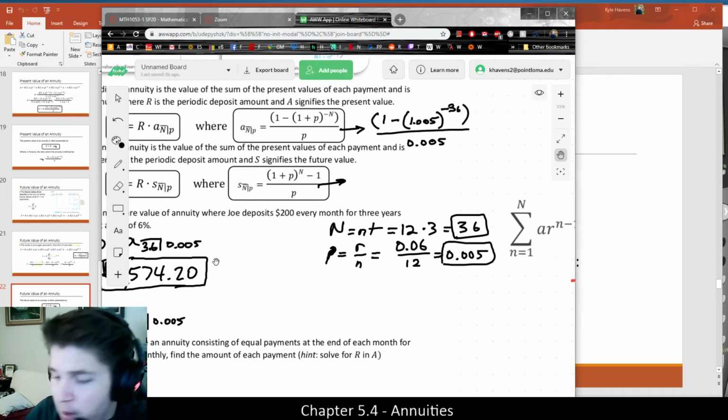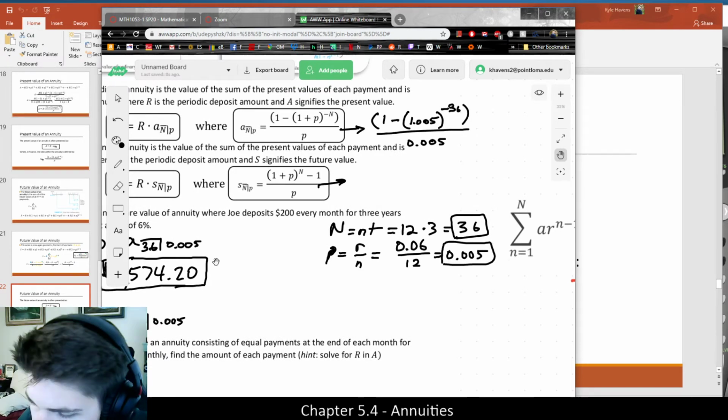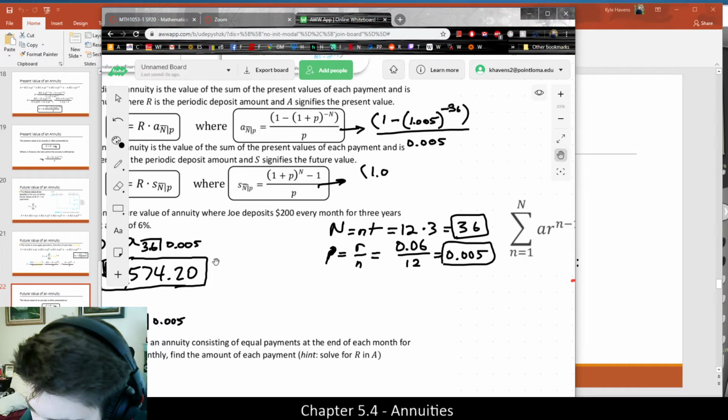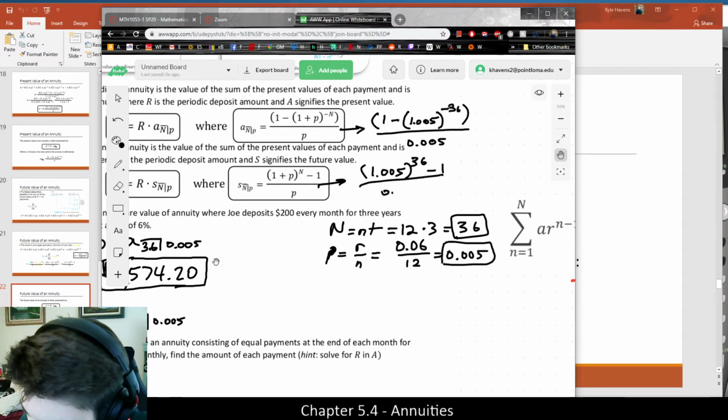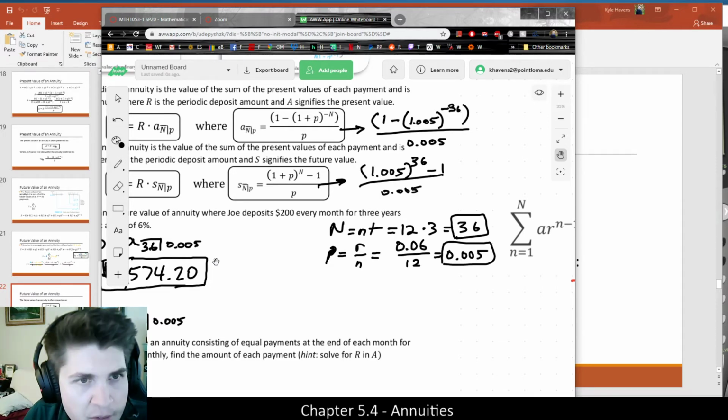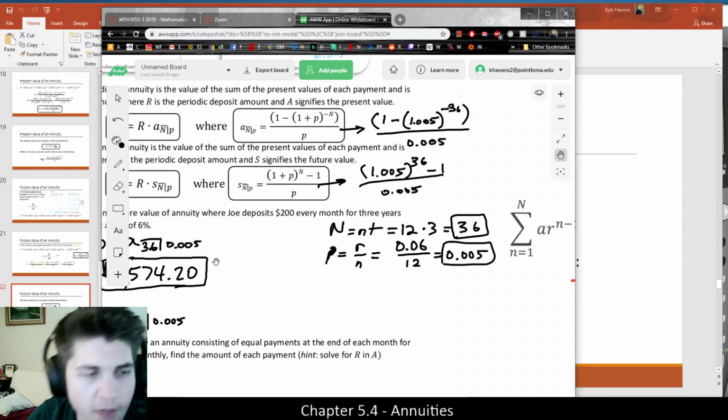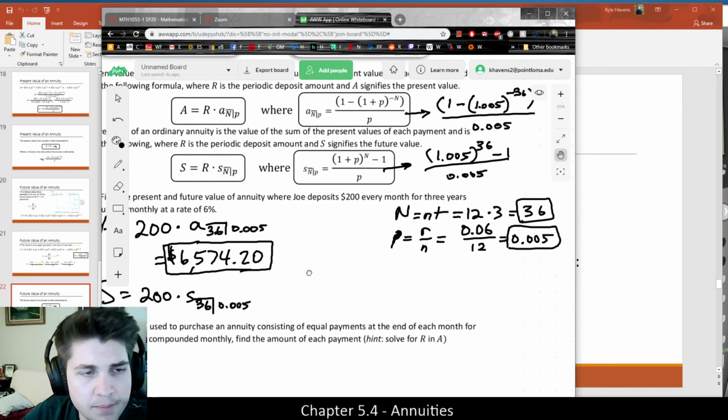So in the same way, we've already done N and P from a minute ago. What that would amount to in this case would be 1 plus P, which is 1.005, to the nth power, minus 1, divided by P. Very, very similar ratio, actually.